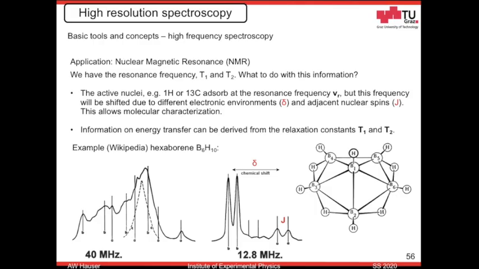You have a certain type of shielding if you have sufficient electron density distribution around the nucleus, and therefore the effect on the nucleus will be reduced, and you will have a different excitation energy for this type of nucleus in this environment, and therefore you can distinguish. So this is the one effect.